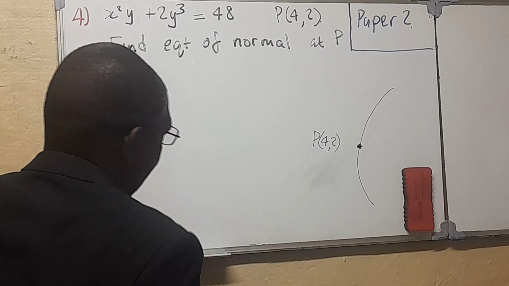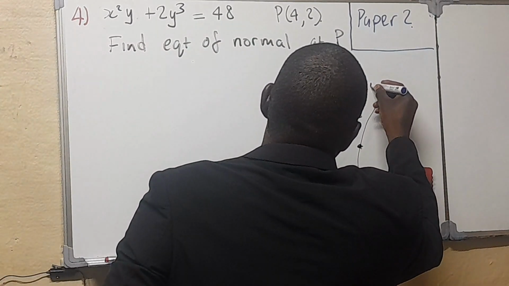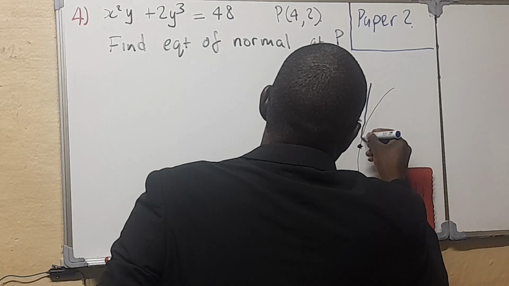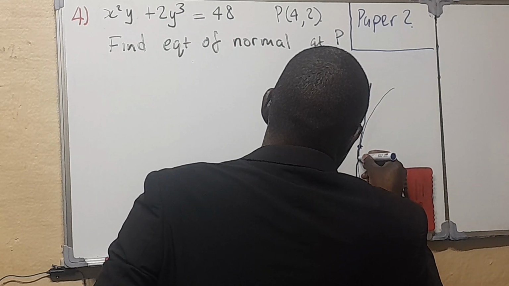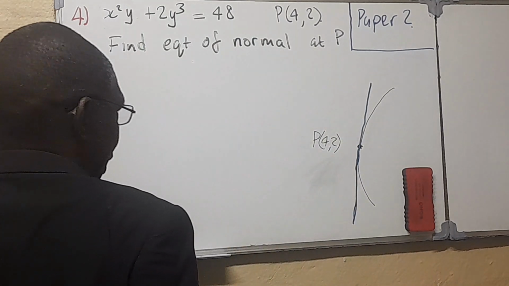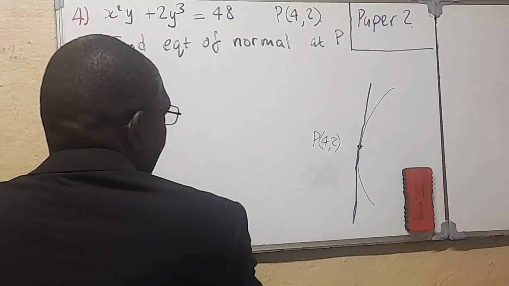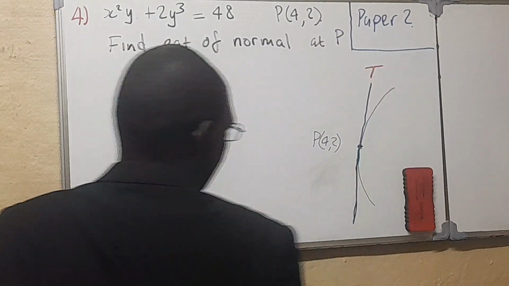Let's draw a tangent to this curve passing through this point. The tangent, of course, is a line that just touches the curve at the point P. Okay, let's label this our tangent.